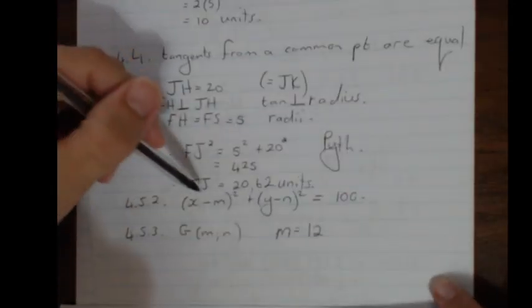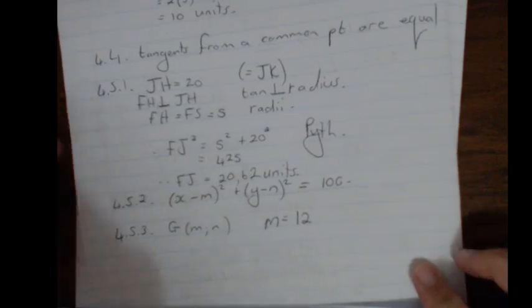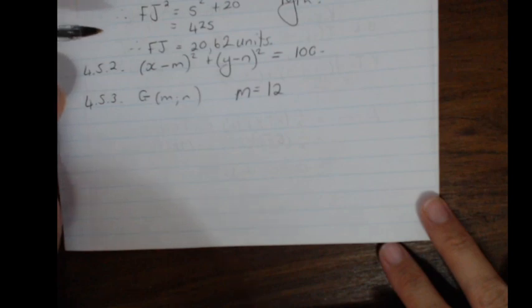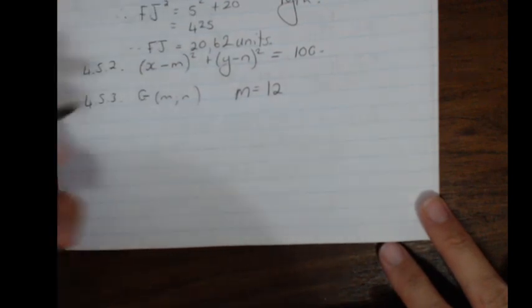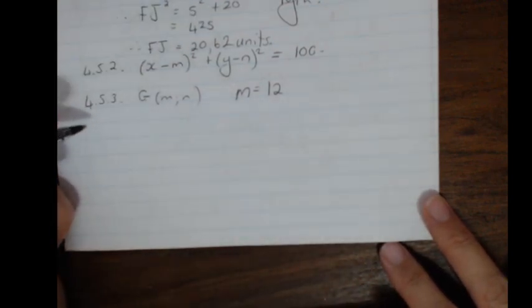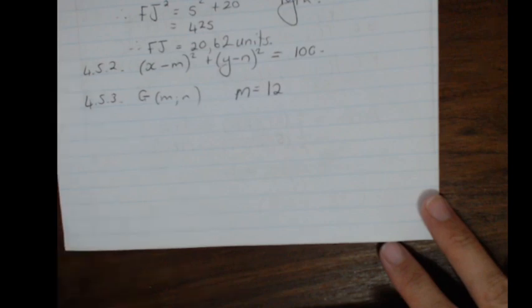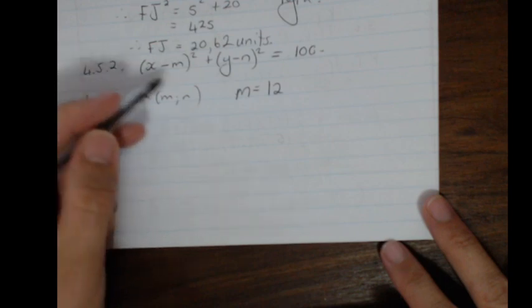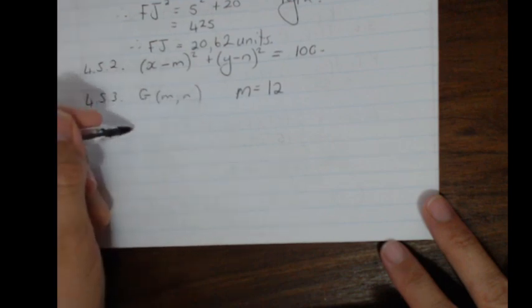So I have the length of FJ, which I calculated in the previous question as 20,61 units, or root 425. That might just be better to work with. So I have the M. I'm trying to get the N, right?